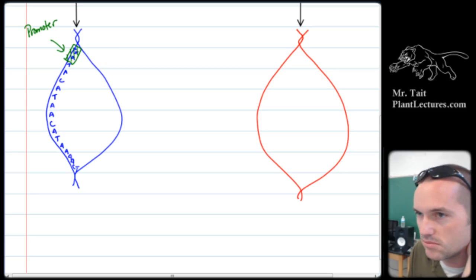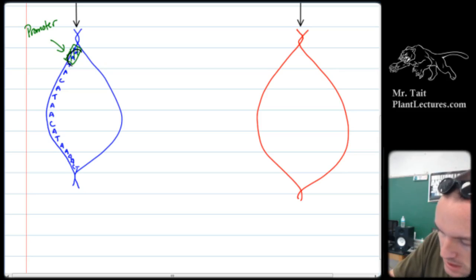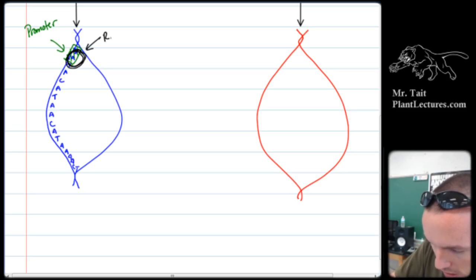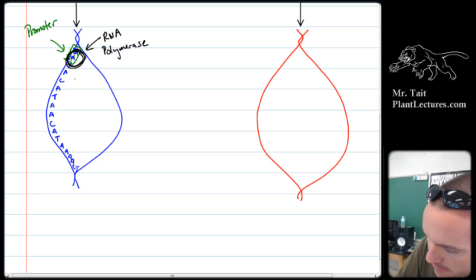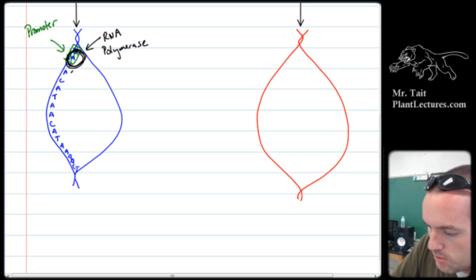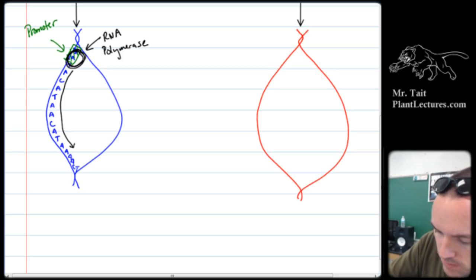What does it do? Yes, the RNA polymerase attaches right here. So this thing is RNA polymerase. And RNA polymerase is going to move down this side here, and it's going to create a sequence of RNA.